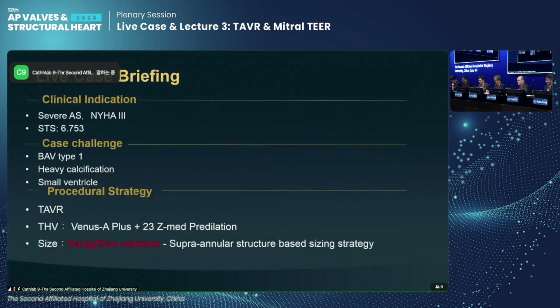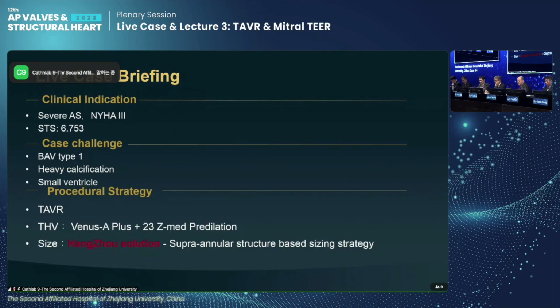So the patient is a 75 years old gentleman with severe AS, an STS score of about 7%, heavy cell calcification, and a very small left ventricle. Today we will use the Venus A+, and we would like to use the study with the Hangzhou solution.